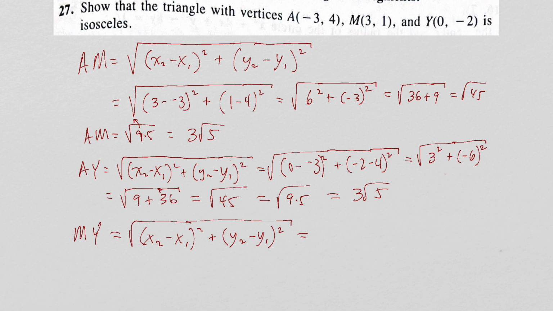Okay, so we'll call this point 2. So this is going to be 0 minus 3. Y2 is going to be negative 2, and we're subtracting 1.